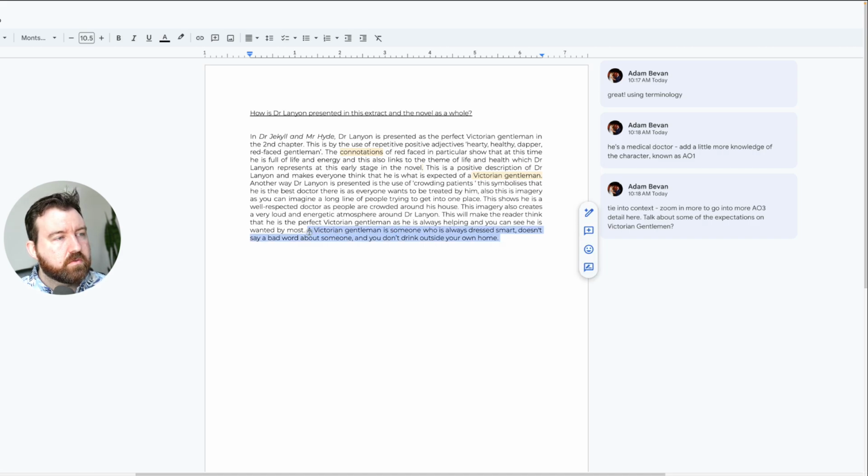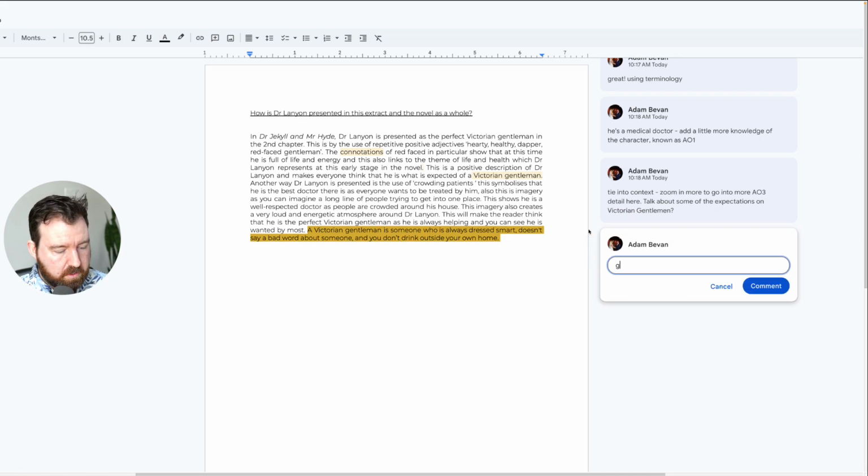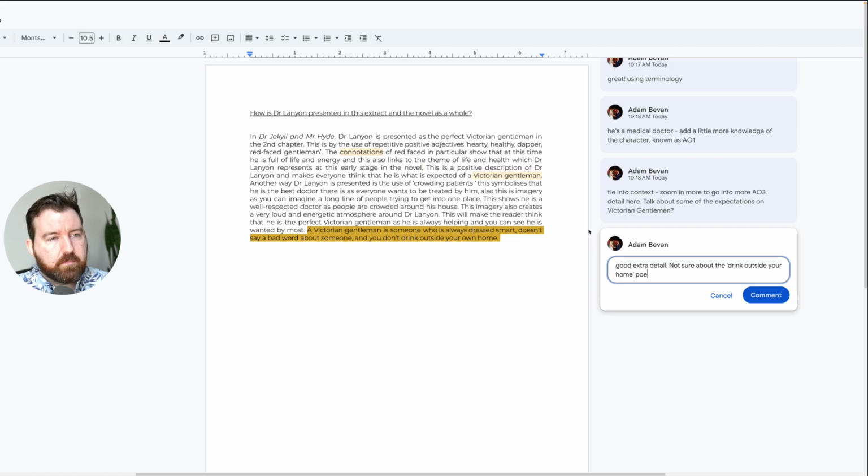Okay, so this bit here is some good extra detail. I'm not sure about the drinking outside your home bit. I think what you're trying to say is restraint with alcohol.